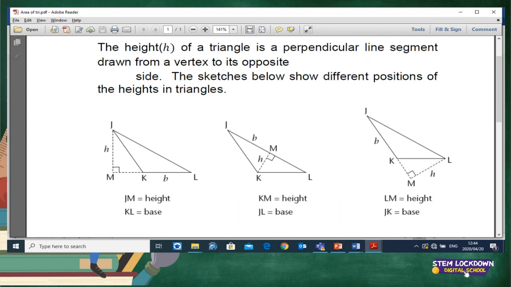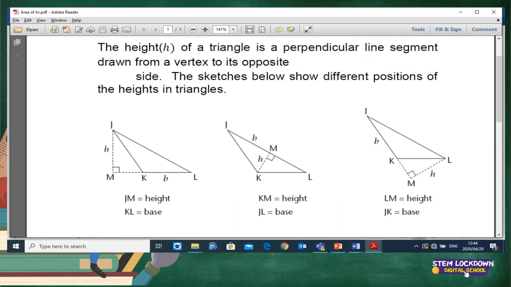And of course, you can get your height, like I said, in different forms. As you can see, the first one there, we have triangle JKL as well as triangle JKL again, the three of them. JM now becomes the height in the first triangle, and KM is the height for the second triangle.